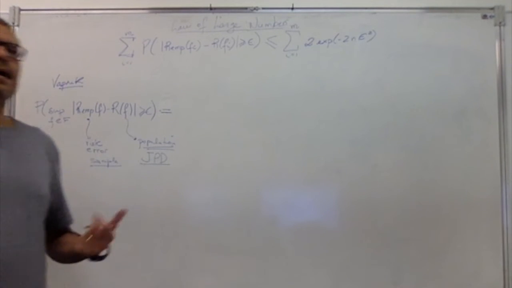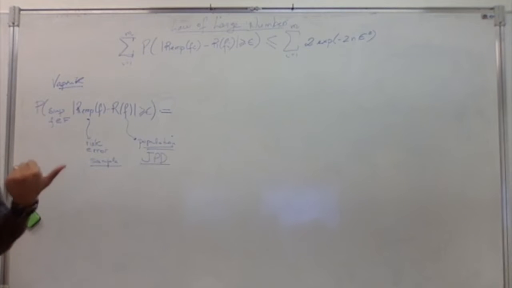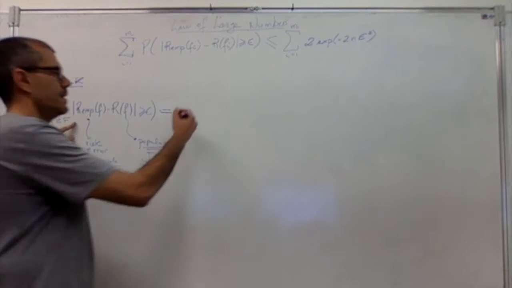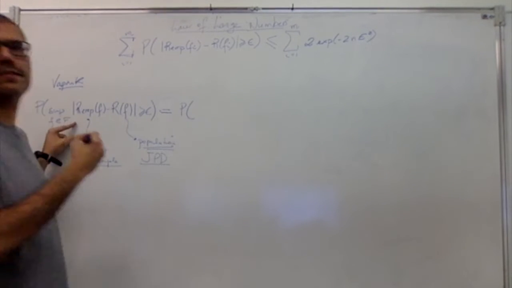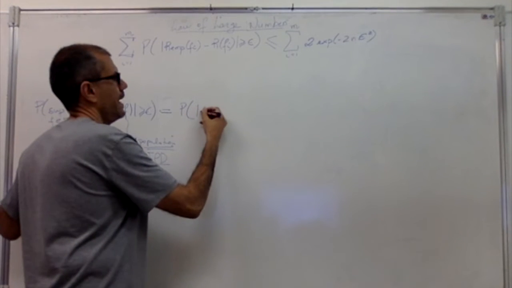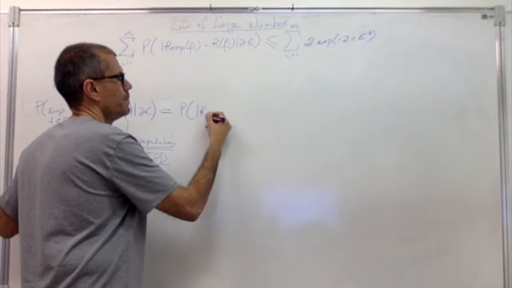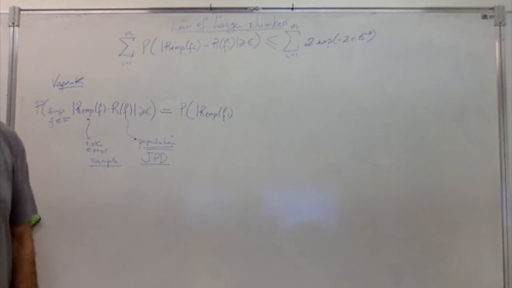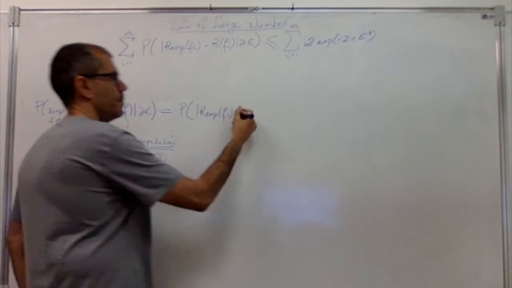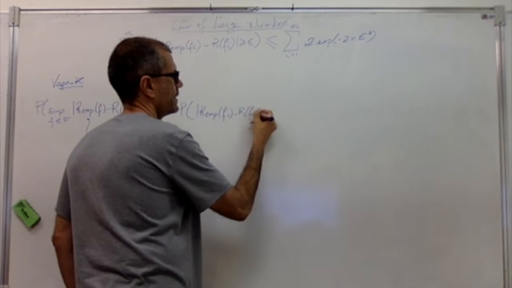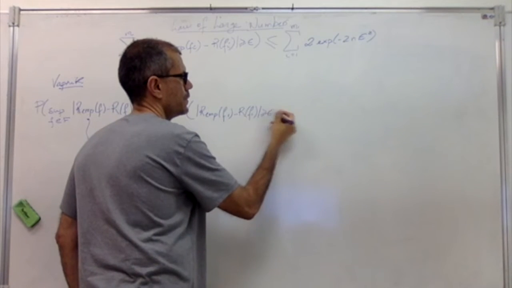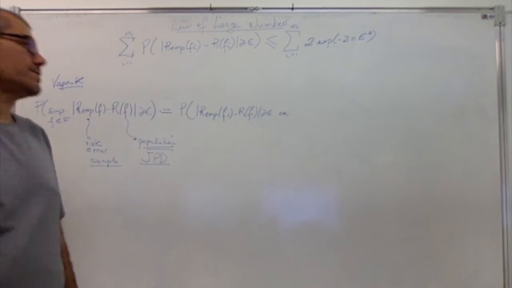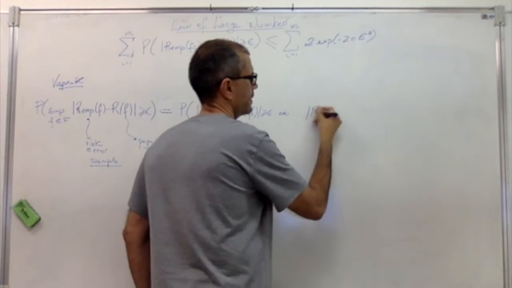But before, I think you remember that last time we were discussing that this could be computed somehow using this probability. So this is actually the same as the probability of the empirical risk of the first classifier inside some bias, minus the expected risk of the same classifier, being greater than or equal to epsilon, or the second, the third, until the last classifier we have inside that bias.